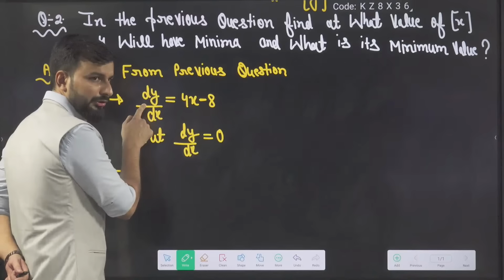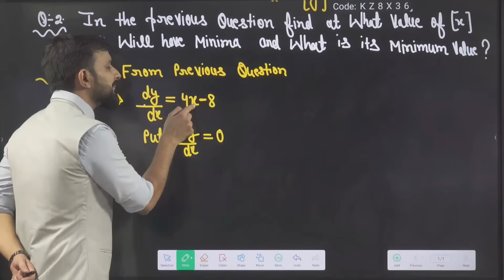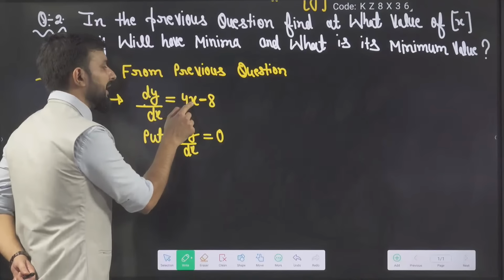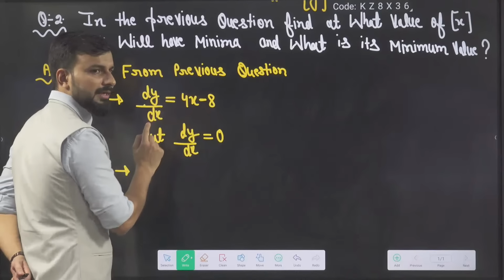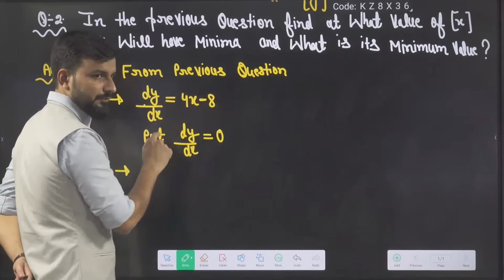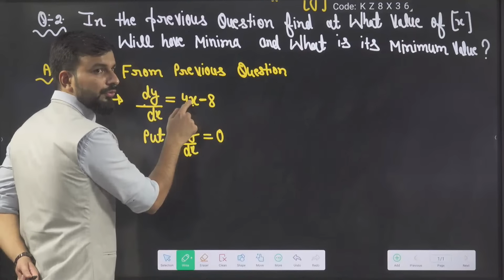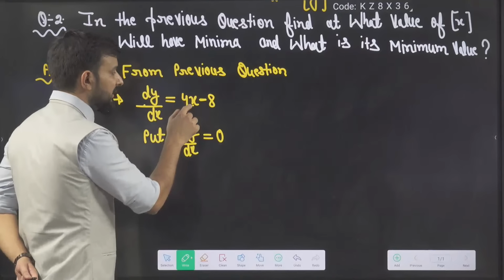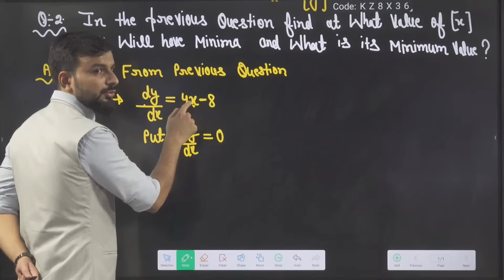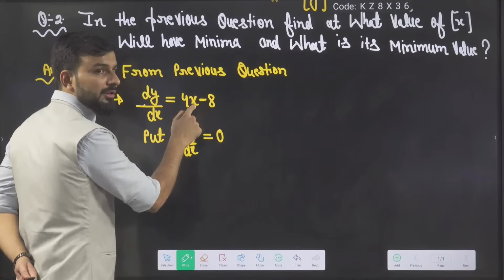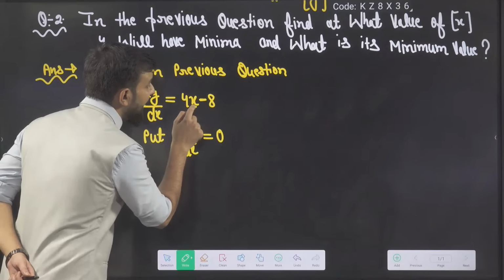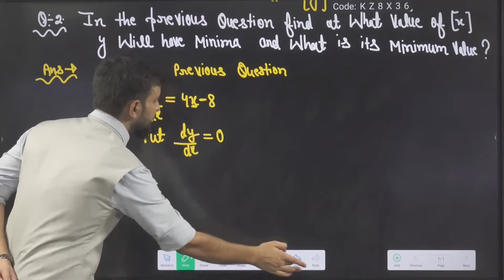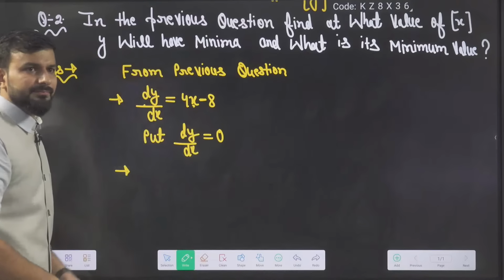This is dy by dx, it is dependent on x. Let's say I put x as 1: 4 into 1 minus 8, I'm getting minus 4. I'm putting 2: 4 into 2, 8 minus 8. 4 into 3, 12 minus 8. 4 into 4. So the value of dy by dx is dependent on x. It is varying.